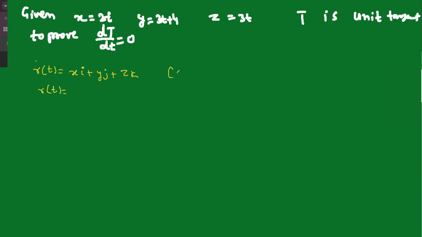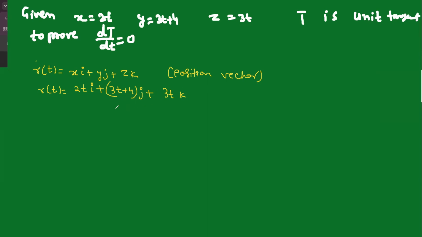This is nothing but a position vector. x is 2t. Understood?